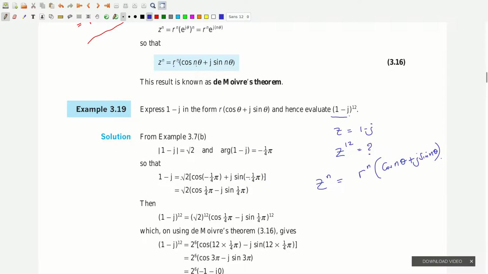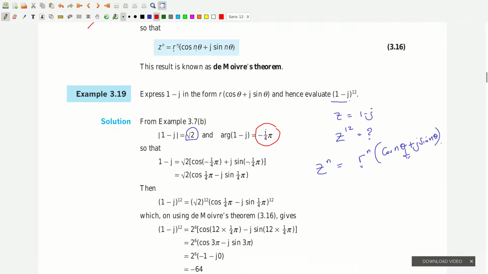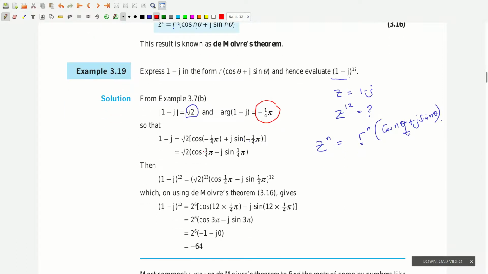So all we need to do is to find r, the modulus, which is found here, and then we also need to find theta, the argument, which is found here, 1/4 pi, and then the rest is just to substitute. Before we substitute, perhaps we write it back in polar form by saying 1 minus j can be written as r cos theta minus j sine theta.